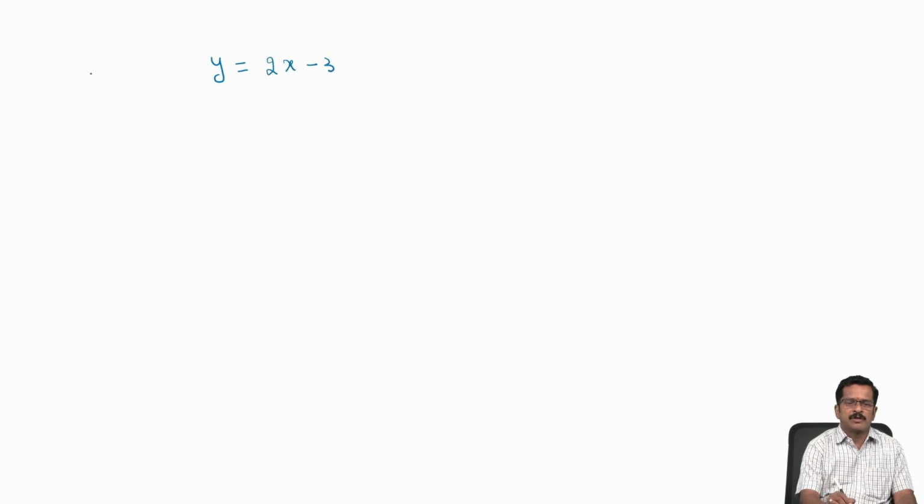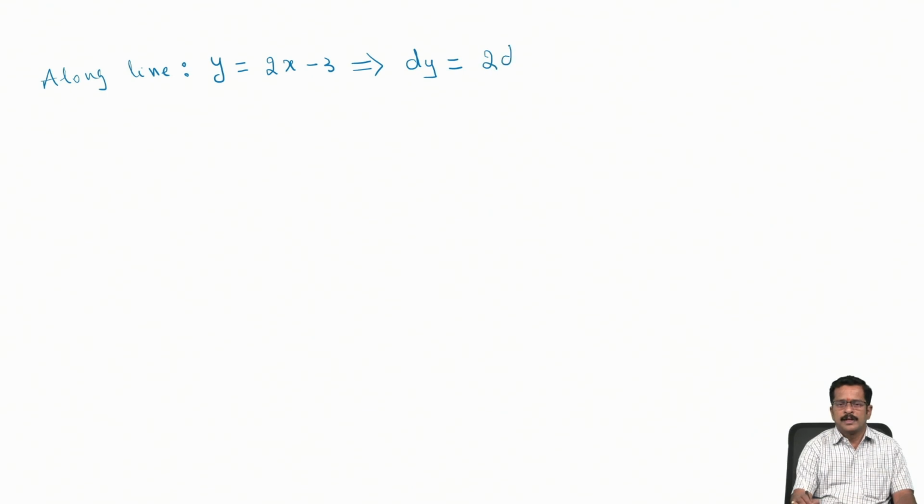So we have to evaluate along the line y equals 2x minus 3. On differentiation, dy equals 2 dx.